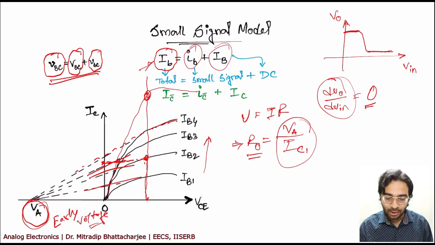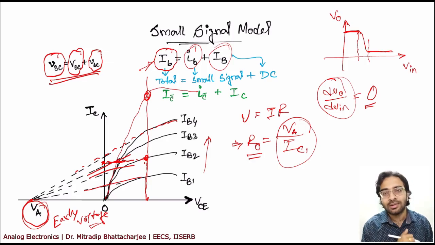So you have to rely on this linear part where the slope is very high. Now, if you start increasing your IC, you may end up in the saturation region, and once you are in the saturation region, you will not be able to get any kind of gain.